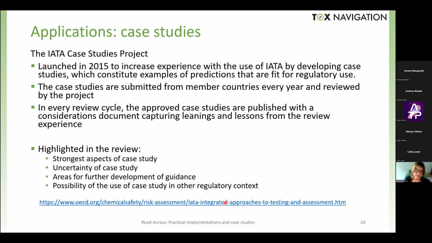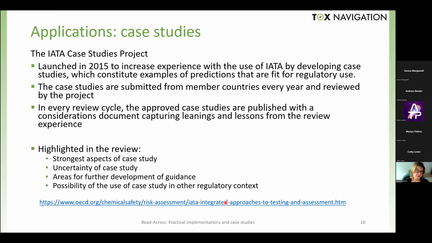Now let's come to the existing case studies that you can use to learn or to better develop the read-across that you're working on. My suggestion is to use the IATA case studies that are published. The IATA case study project was launched in 2015.